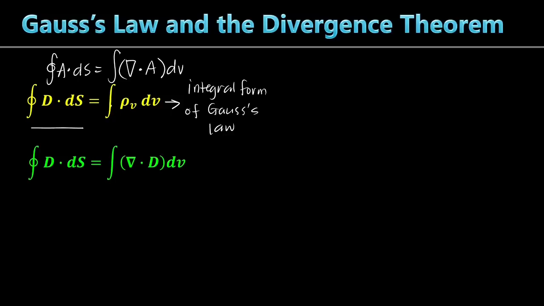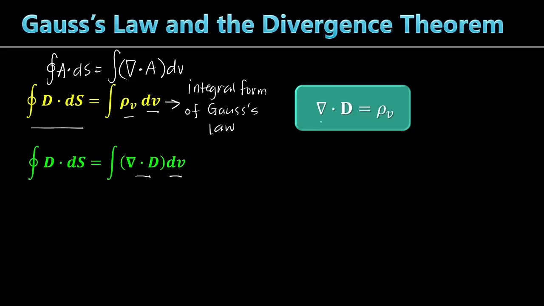So, kung ito ay integral at ito ay integral, ito ay dv at ito ay dv, then that means that this divergence of D must be equal to rho v, right? Yes. And now, we have this. The divergence of D is equal to rho v at yan ang equation na gusto nating i-derive.